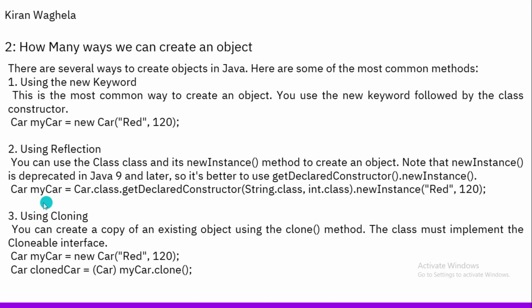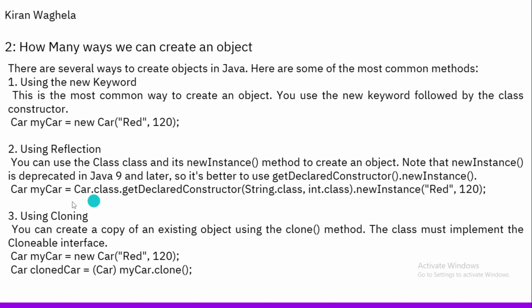Here is an example: Car myCar equals Car.class.getDeclaredConstructor(String.class, int.class).newInstance("red", 120), which are the properties. This is the way we can create an object in Java 9 and above.